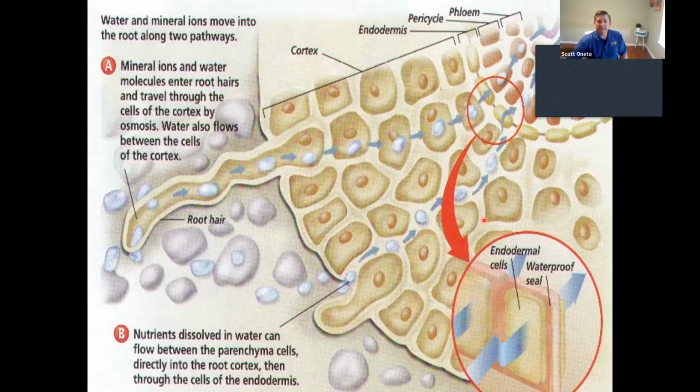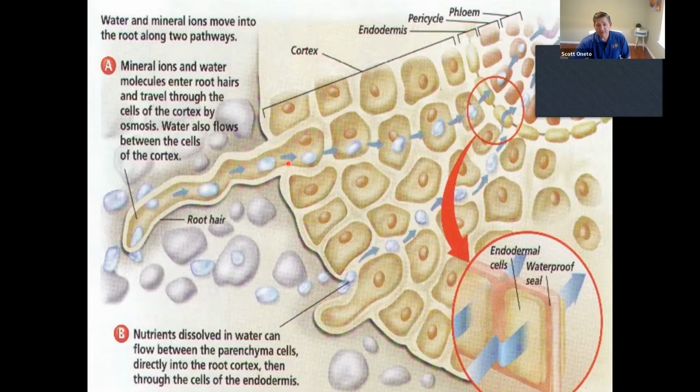This particular picture is just a close-up of a root, and it doesn't make a difference what plant it is, but it's pretty much showing a dicot. This is the center vascular tissue at the middle of the root, and this is the outer perimeter. These little appendages out here are what we call root hairs.